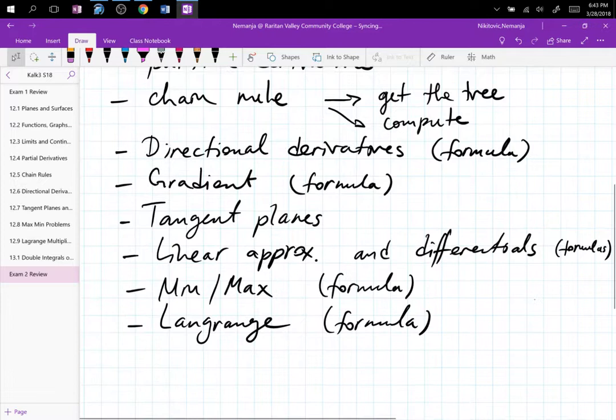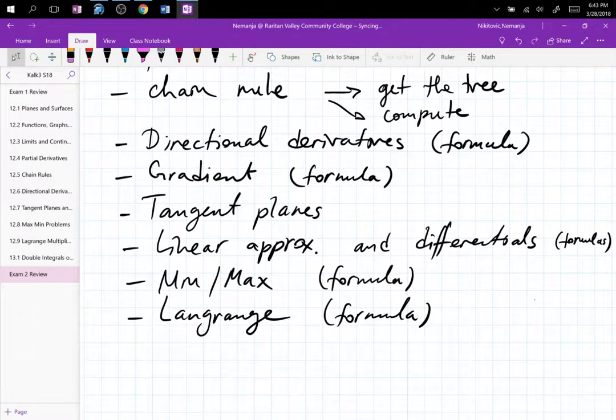There is a formula for Lagrange where del f equals lambda del g. You have the min-max formula, the second derivative test, where you have fxx times fyy minus fxy squared either less than 0, equal to 0, or larger than 0.